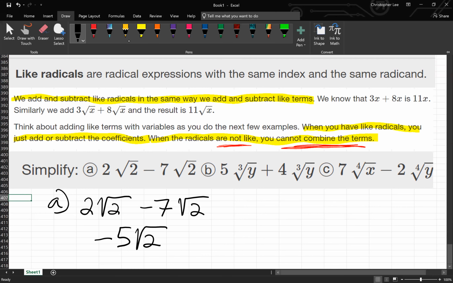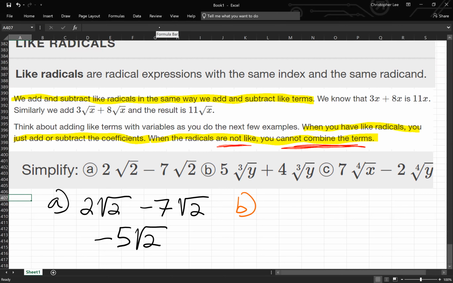Let me change my color real quick. All right. I'm going to do B. So I have the cube root of y plus 4 cube root of y. I notice that the radicals are the same. They have the same index, 3 and 3. They have the same radicand, y and y, right? So I'm just looking at the number in front.